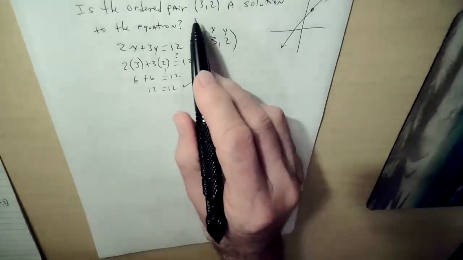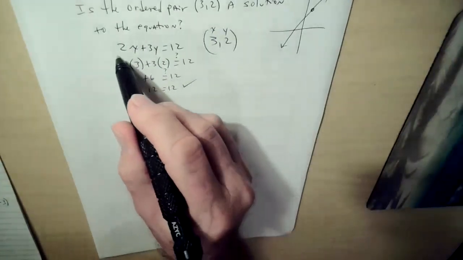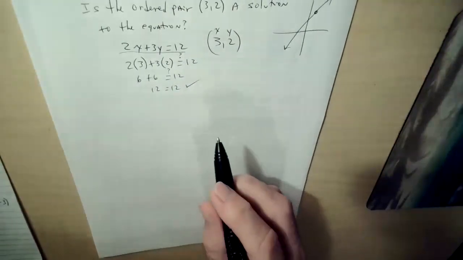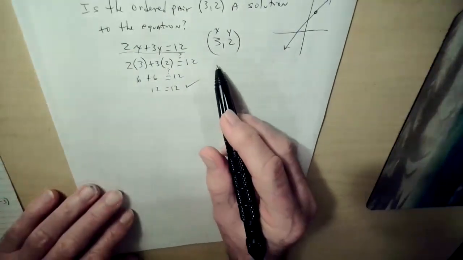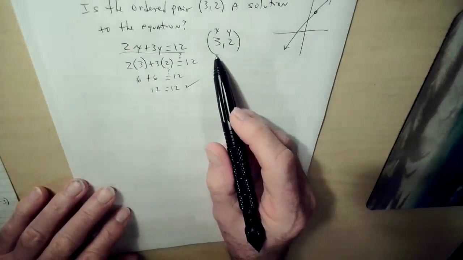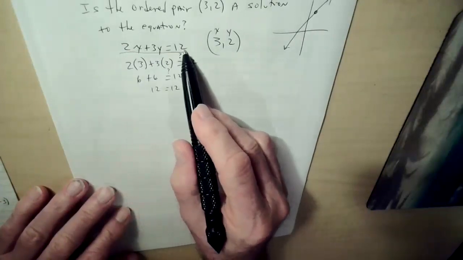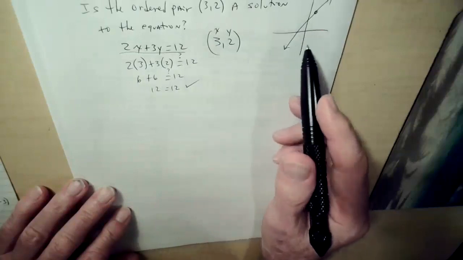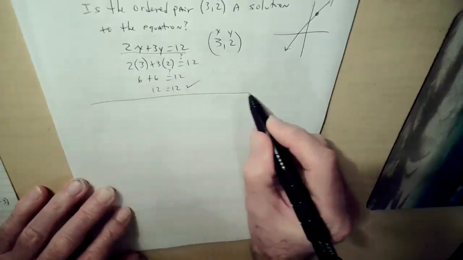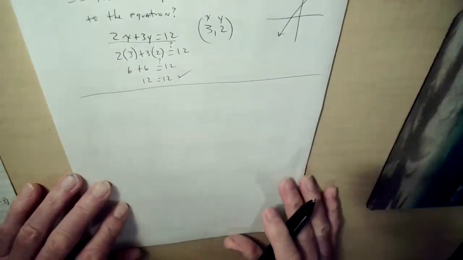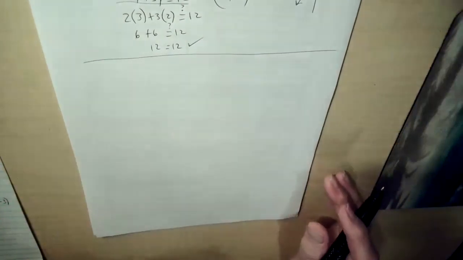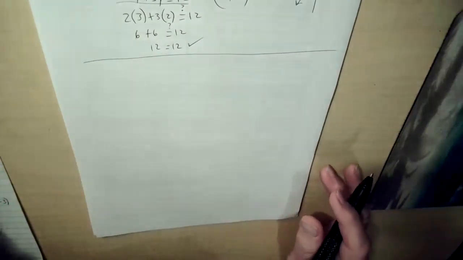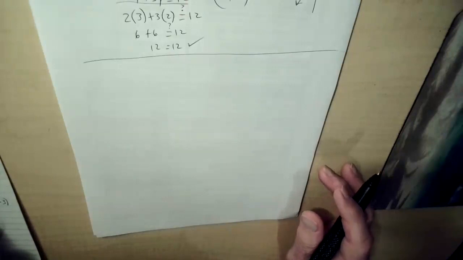So yes, this is a solution to this equation. In other words, if you graph this, would (3, 2) be on this line? Yes, it would. That's how you figure that out.